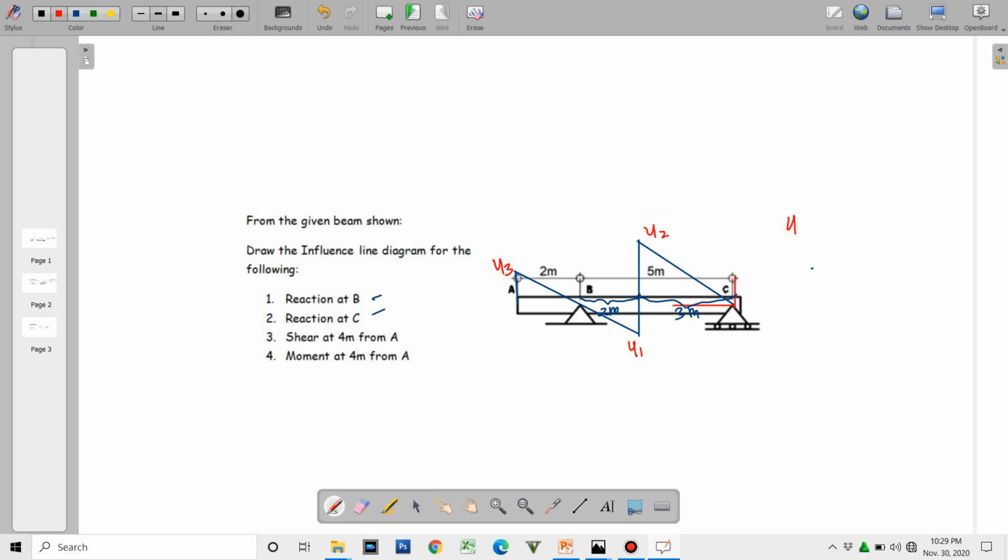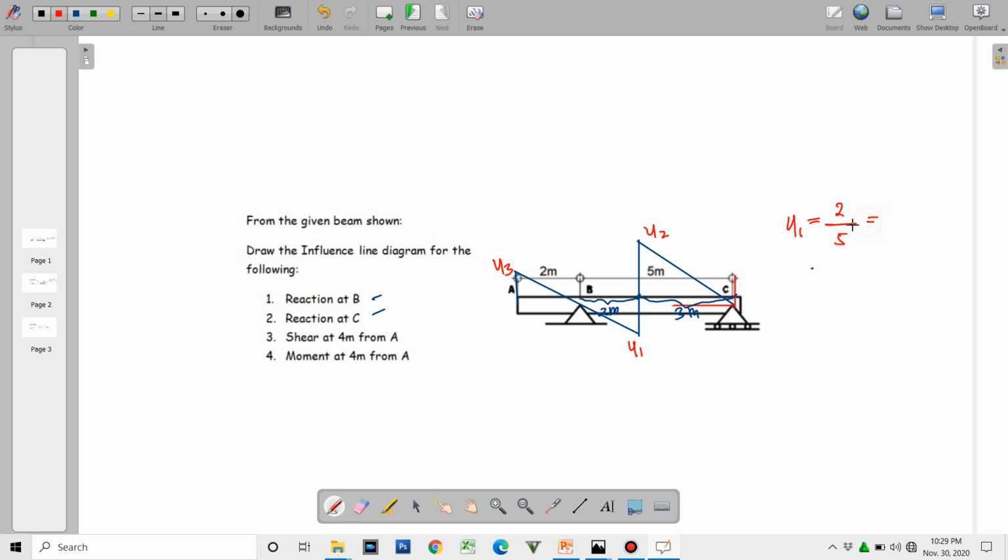So y1 is simply equal to, okay, look at the base, it is 2 over the sum of the two bases of the two triangles that are within the supports, B to C, and that is 2 plus 3, it is equal to 5.